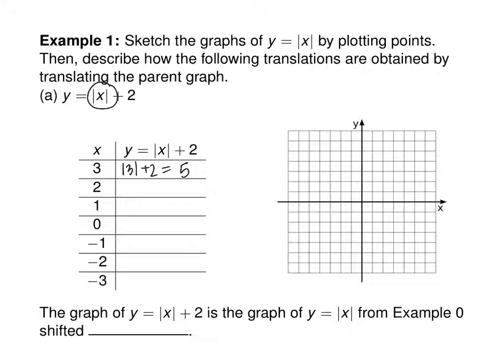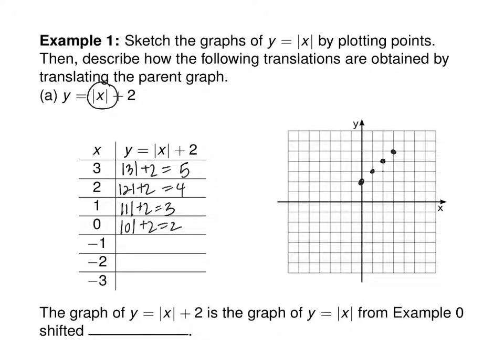So over 3, up 5. The absolute value of 2 plus 2 will just give us 4. So over 2, up 4. If I input 1, absolute value of 1 plus 2 will be 3. So over 1, up 3. If I input 0, absolute value of 0 plus 2 is 2.